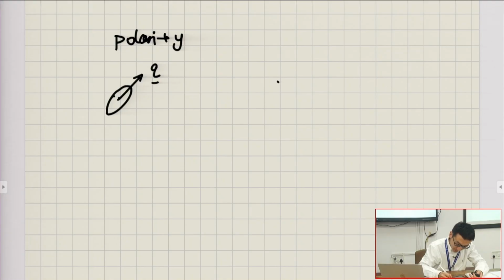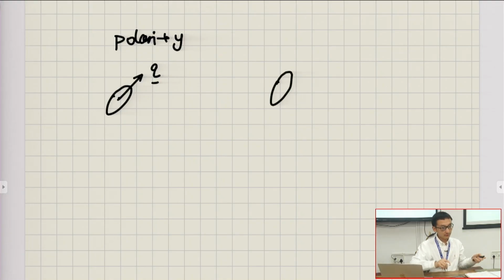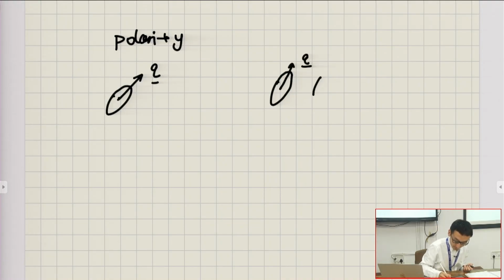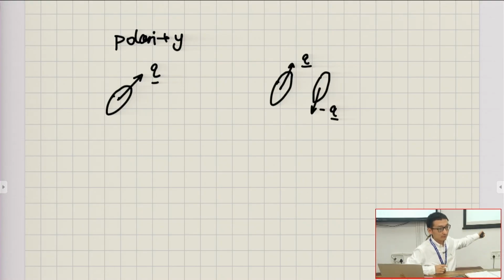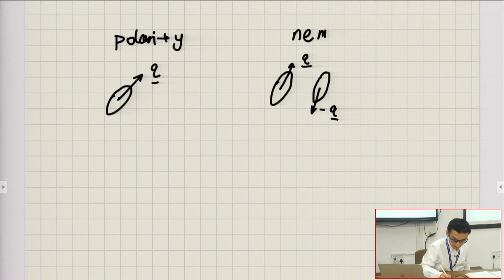If you have an ellipse that's not swimming, it's just doing its thing, you can still associate an orientation vector to it, but Q and minus Q does nothing to the system. So that's called nematic. That's all. Other comments about this?